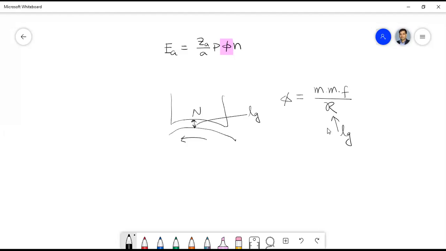If Lg is different under different poles, then the flux per pole can be different. Due to this, there may be a mismatch in the flux value under different poles, and that will be reflected in the voltage generated under a particular parallel path.